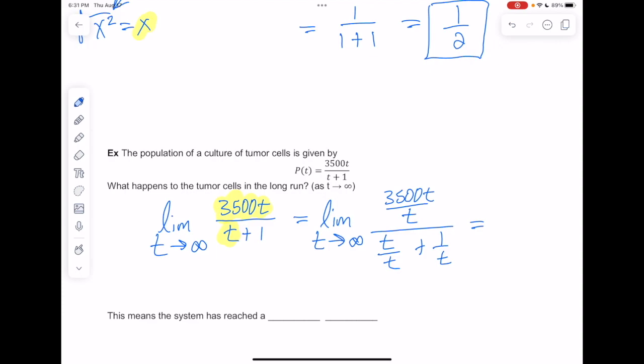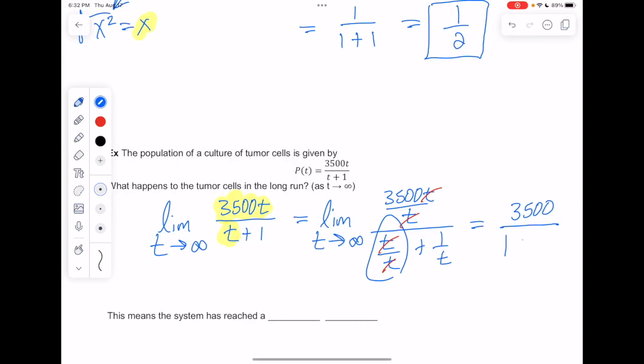After you think about cancellation, these t's cancel, those t's cancel. So where do we end up? In the numerator, we have 3,500. In the denominator, we have right here, that's a 1. And then 1 over t, if t is going to infinity, is a 0. So the overall limit is 3,500.